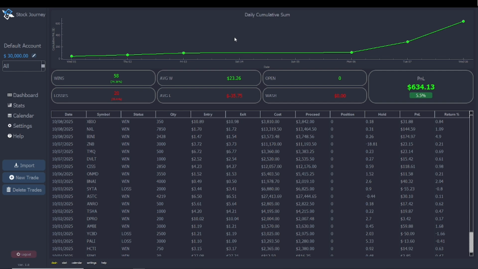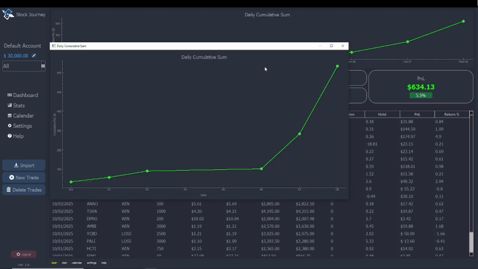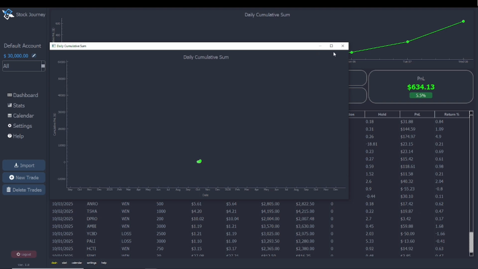And this is the dashboard I see when I open the software. It's pretty much showing you the overall progress throughout the overall timeline. And I can double click and open the graph and increase the time frame.